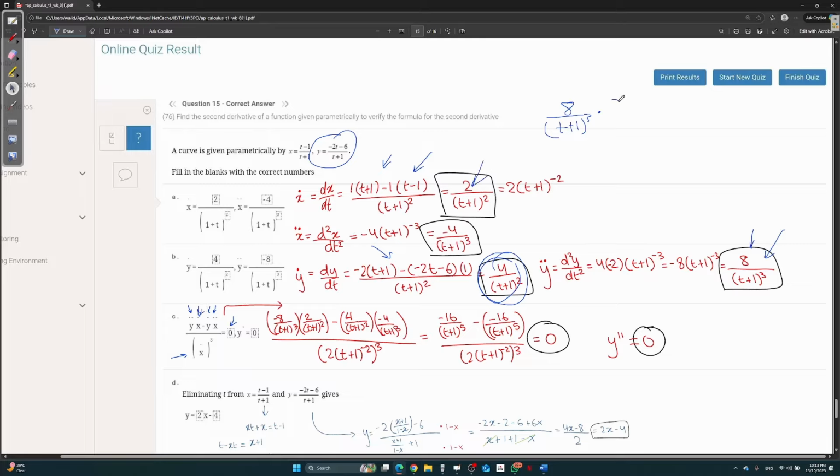It's this, minus y dot, which is this, times x double dot, which is this, and over x dot cubed, so 2 over t plus 1 squared, all cubed. Now how much is it going to be equal to?